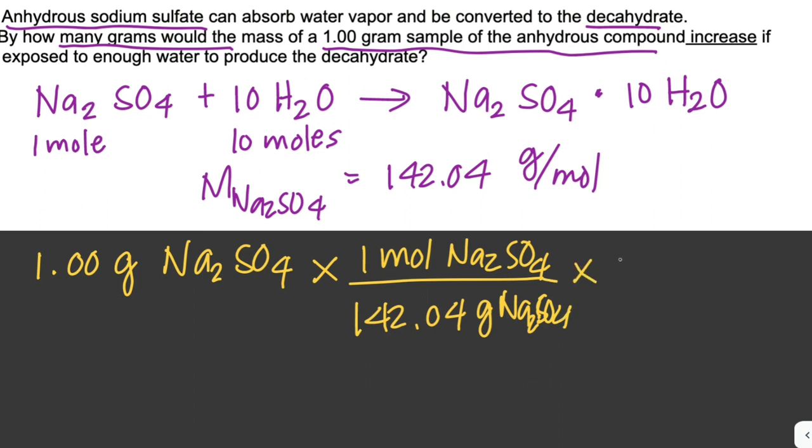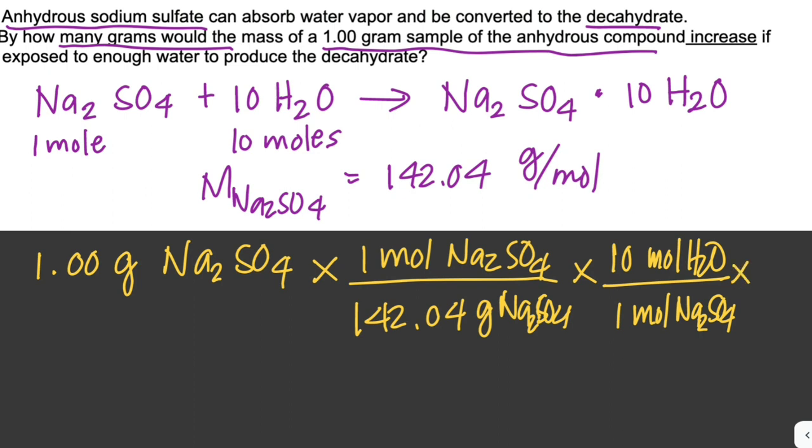So we have 10 moles of water is to 1 mole of sodium sulfate. And then we multiply this by the molar mass of water.